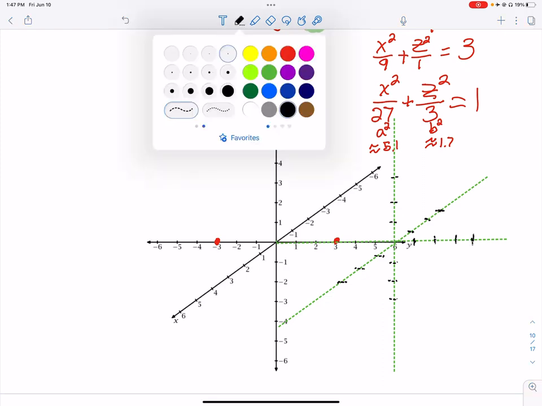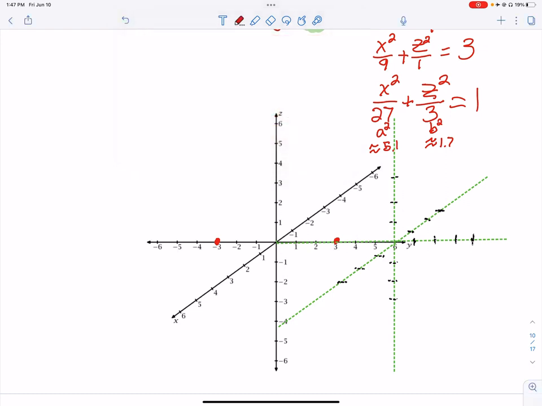Okay, so let me go back to a red, because that's what we were graphing the other one with. This is an ellipse on the XZ plane. That's the one coming out at us. And it is about 5.1 in the X direction. Okay, so that means I need some more tick marks.